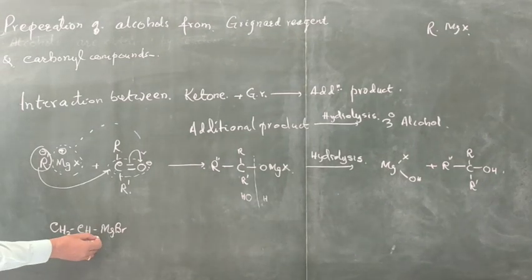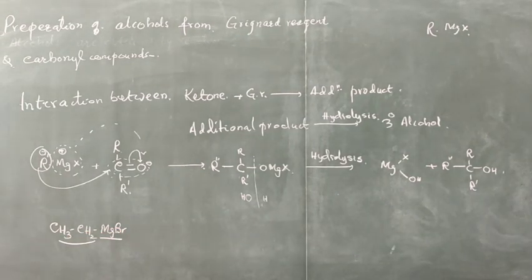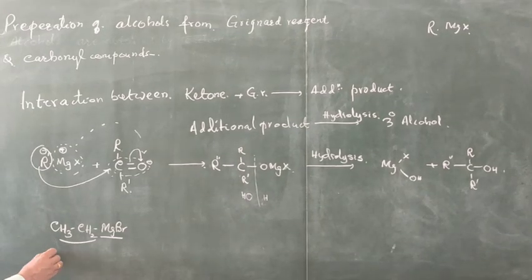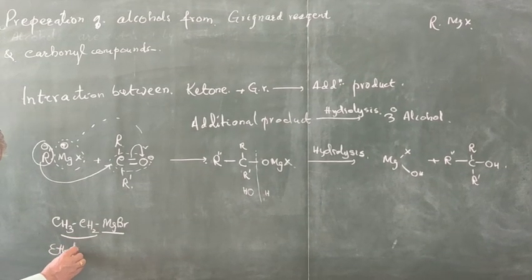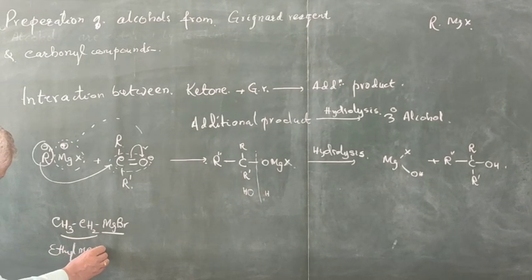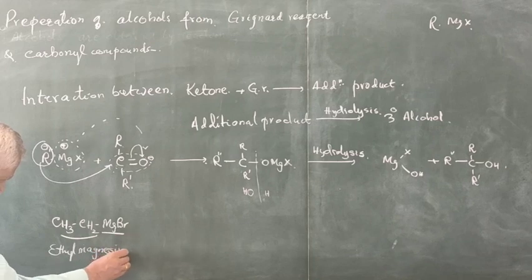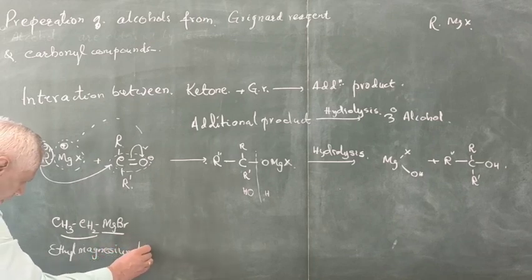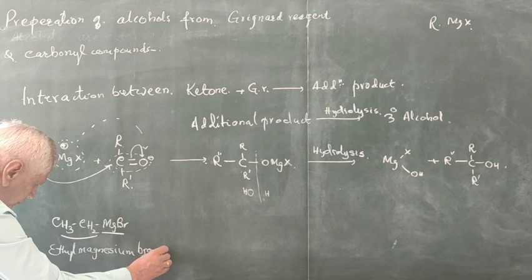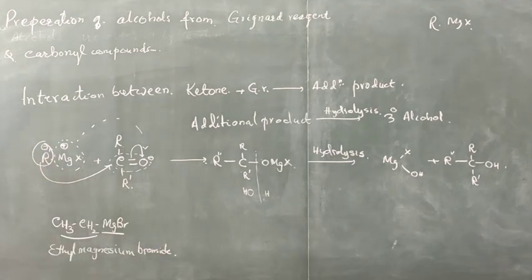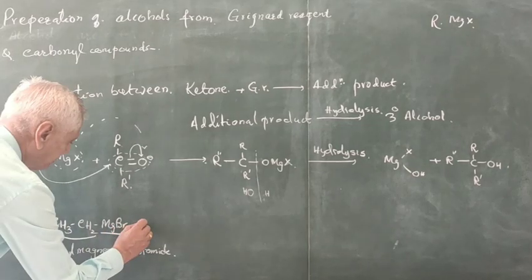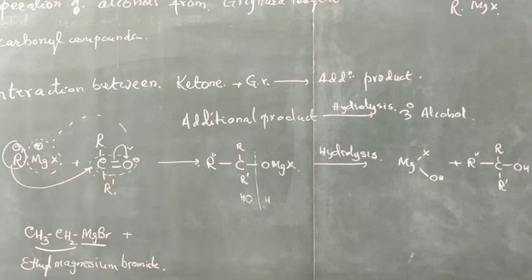Ethyl magnesium bromide. This is a Grignard reagent. Ethyl magnesium bromide reacts with a ketone.